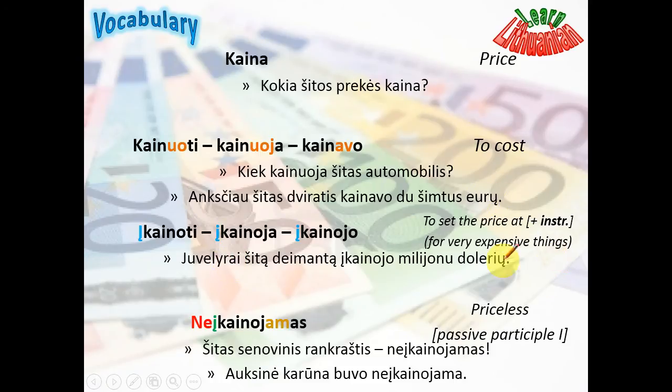So it's always plural genitive. Šimtai, milijonai, it's always used with plural genitives. So įkainoti means to set the price, to evaluate or to estimate the value, estimate the cost, and so on.